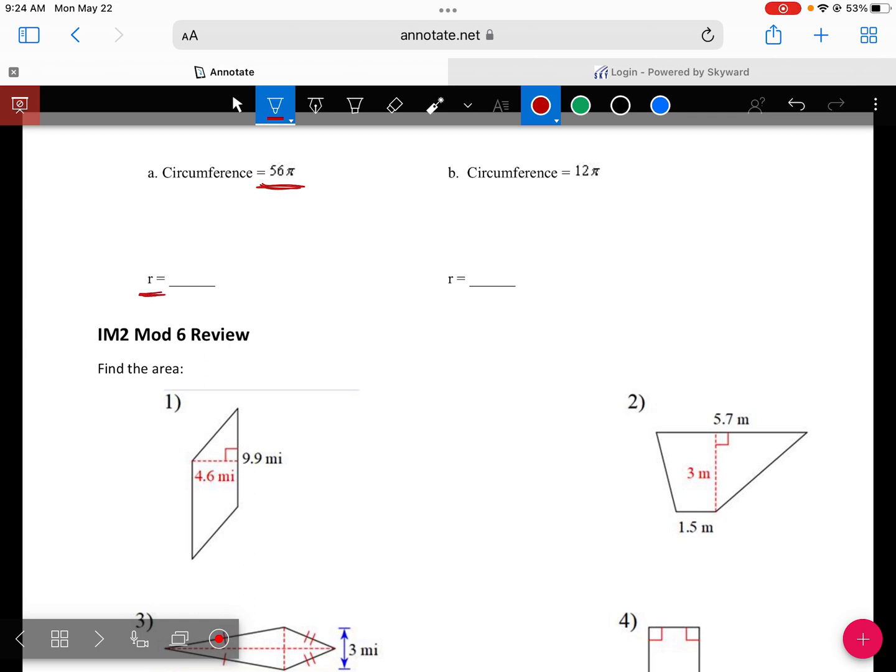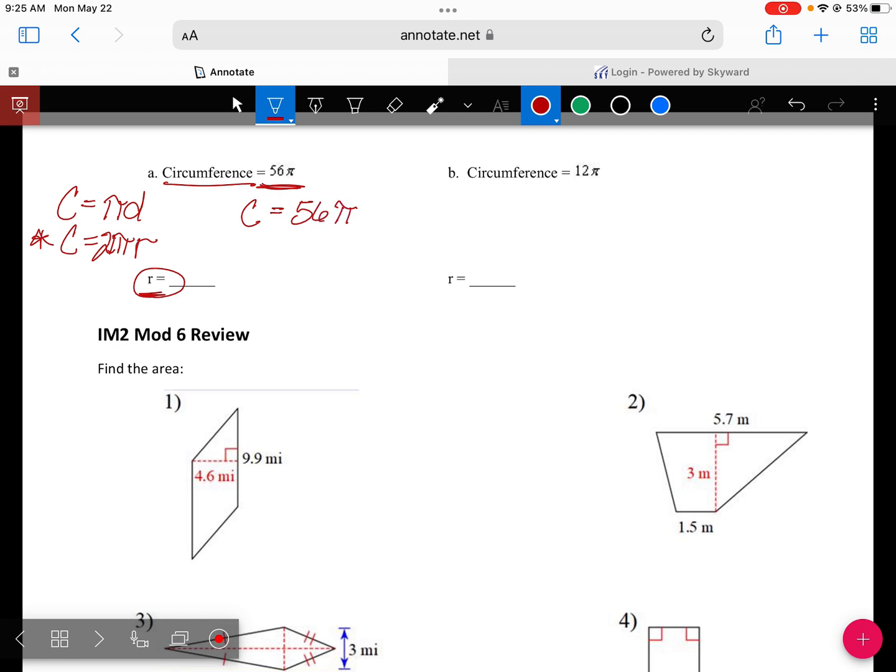Well, we give you two formulas for circumference. We give you one with pi times diameter, and we give you one with 2 pi r. Since we want radius, we're going to use the one with the radius. So here we go. Circumference, which I'm going to abbreviate to C, is 56 pi.